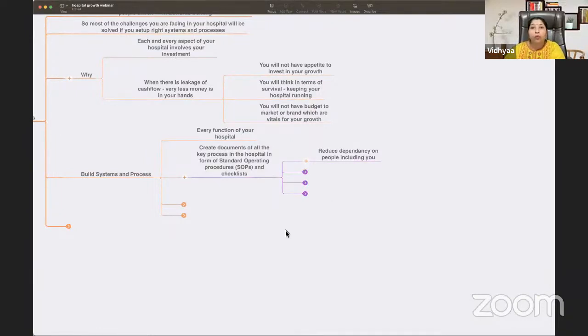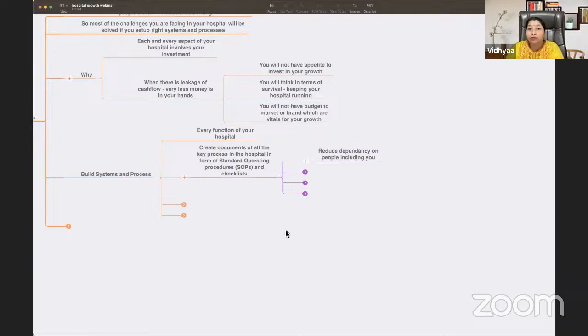Now, if you want time freedom, if you want your team not disturbing you now and then for small things, for small decisions, then you need to focus on creating the processes and systems which will ensure the dependency on you is reduced.